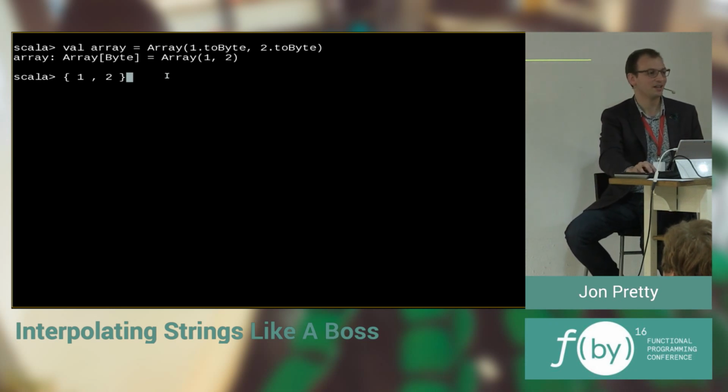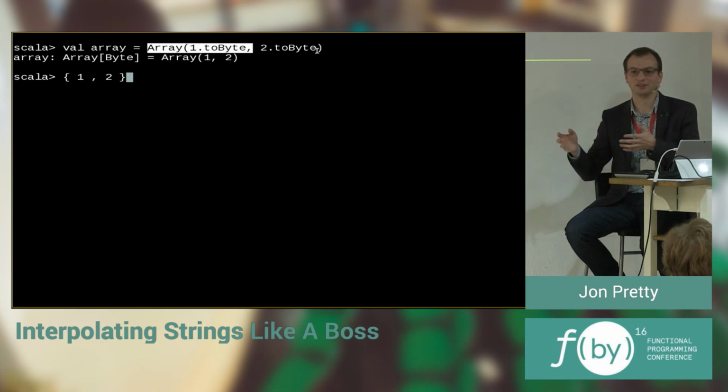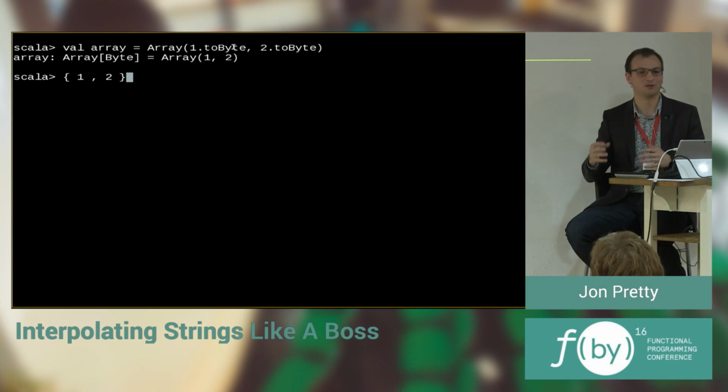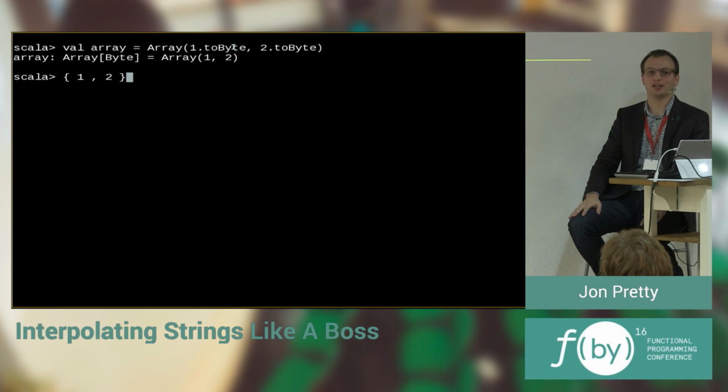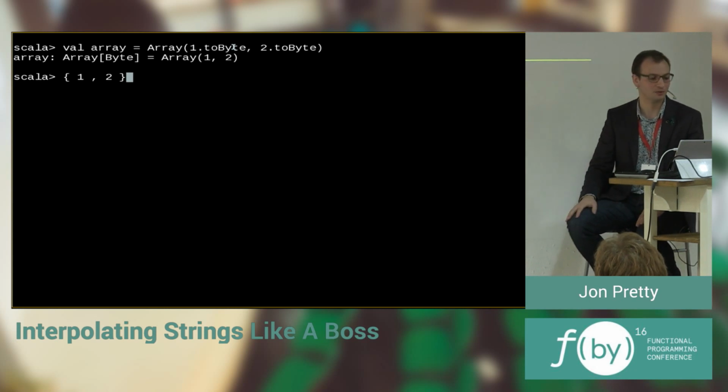So in Scala, this array takes a variable argument length list, and in order for that to work, before it builds the array, it builds a sequence representing the varargs, and it passes that as an argument to the actual array construction. So we have an additional heap allocation. We're adding an extra object to the heap that we just don't need. It's not useful. It gets garbage collected quite quickly afterwards. But Java doesn't do that.